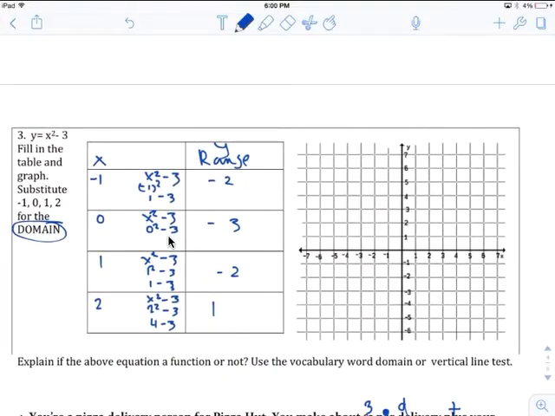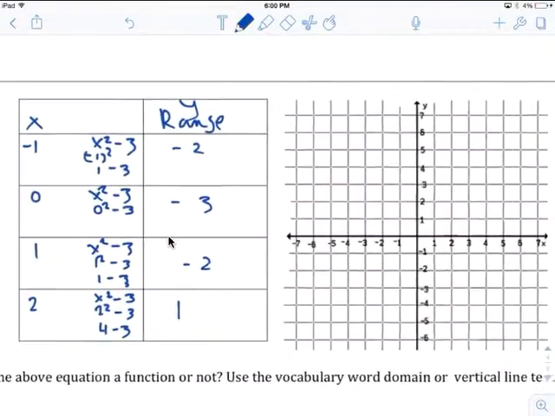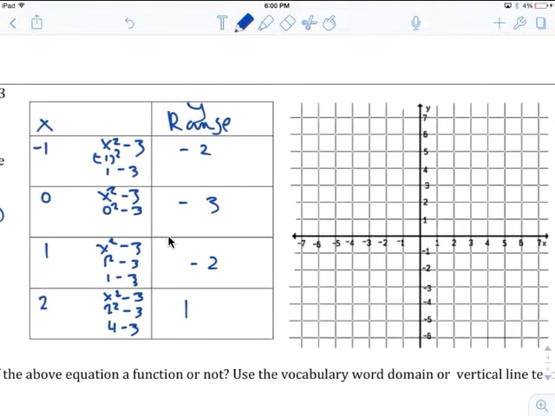Graph that, you should get a parabola. -1, -2; 0, -3; 1, -2; 2, 1, and you create a parabola like that.